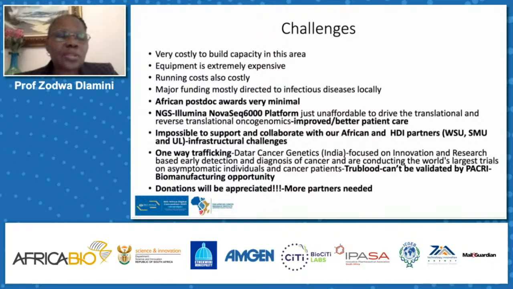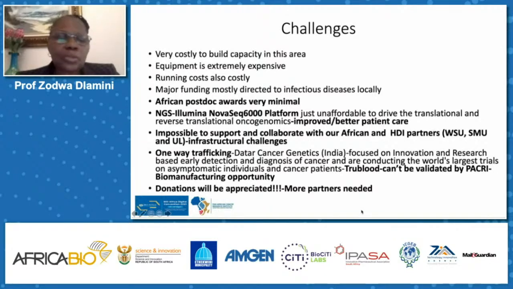Most of the research is just one-way traffic. For instance, we have a trial that we are starting with Datar Cancer Genetics, which is in India and focused on innovation and research based on early detection and diagnosis of cancer.